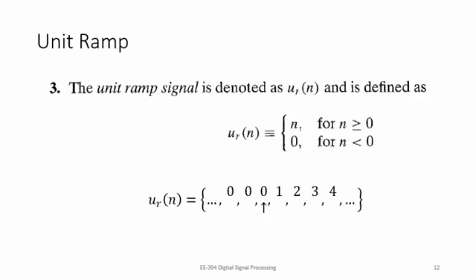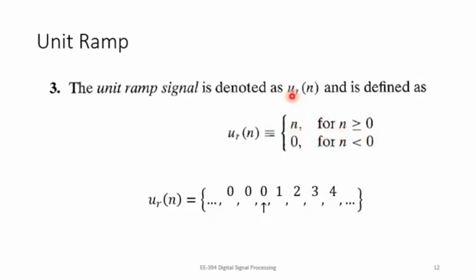Okay, let's look at the third signal type, which is the unit ramp. As the word ramp indicates, the unit ramp signal has values increasing with increasing value of n.